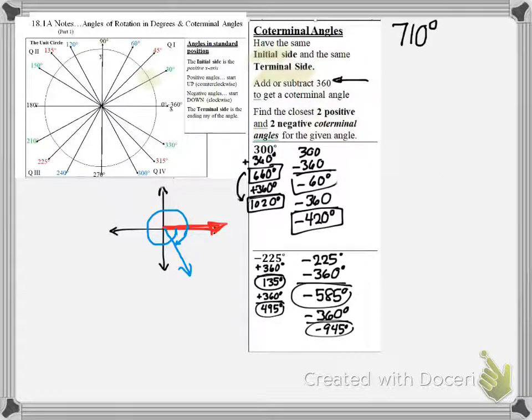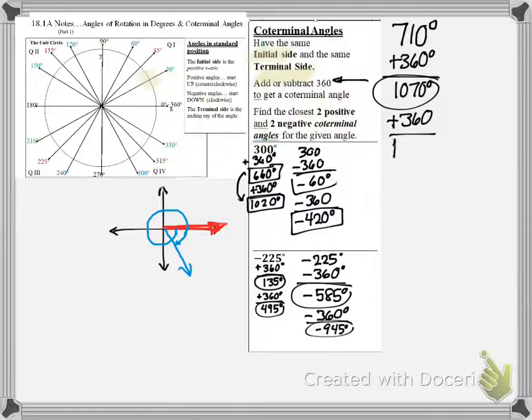710 degrees. If I want to get a positive, I could say plus 360 degrees. And 710 plus 360 is 1070 degrees. And another positive, I could go plus 360 degrees.